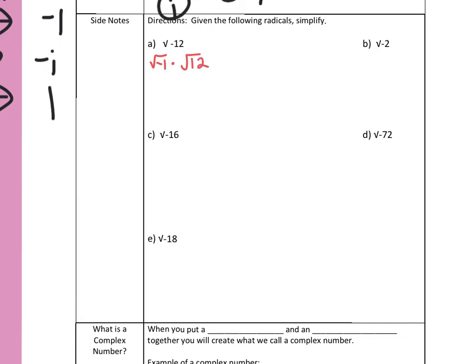Square root of negative 1 is i, and then I can break 12 down into 6 and 2 or 3 and 4, whichever one. I end up with i times 2 square root of 3. You with me on that? So for my answer, I'm going to write the coefficient and write the i at the end. So 2 square root of 3 i.